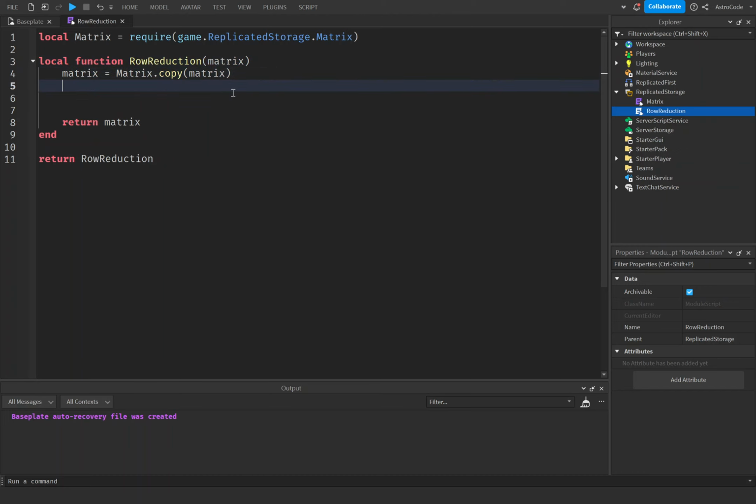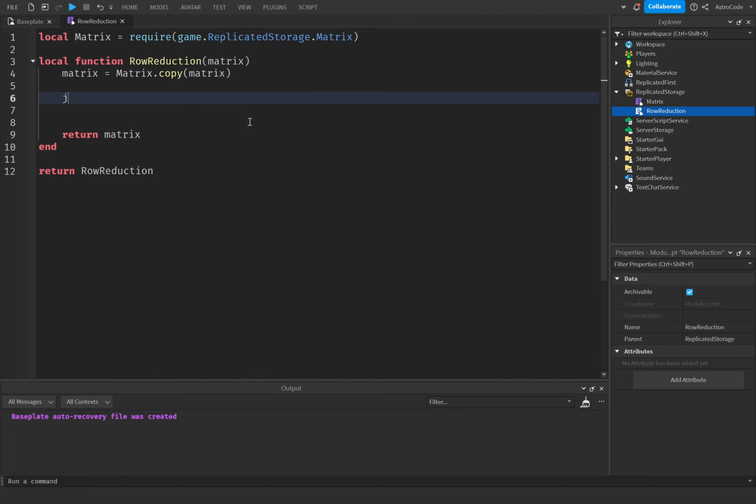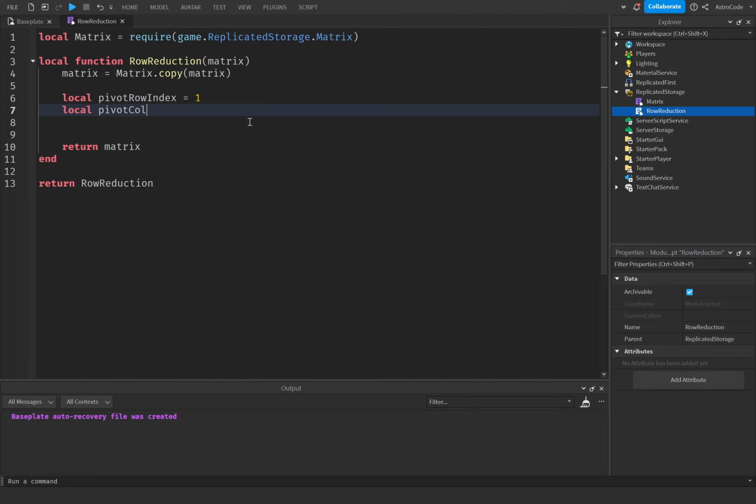Yeah. So the next thing that we do is we keep track of our pivot so that we can eliminate everything below it. And so we'll do this with two variables. So we'll keep track of the row that our pivot is in, and we'll keep track of the column that our pivot is in.